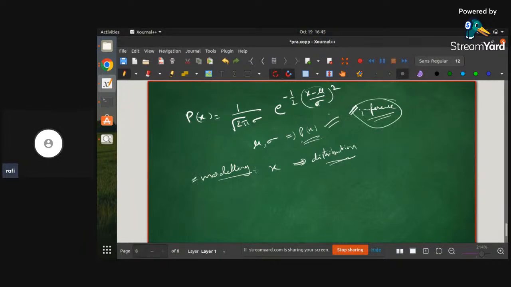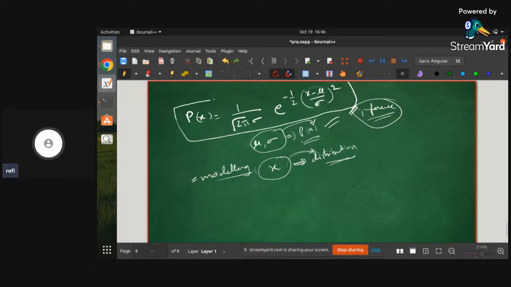In inference, if you know the distribution, then you can find the probability of a given point, or you can also generate new data points. In modeling, if you have the data points, then you need to find the distribution. Okay, reverse. Anyway, that we will discuss later.